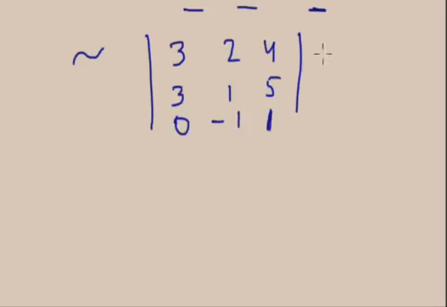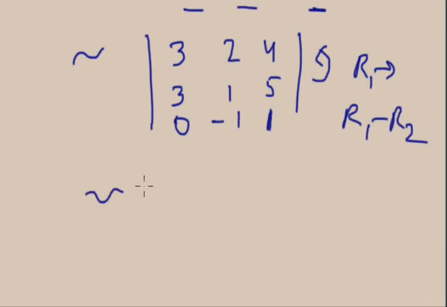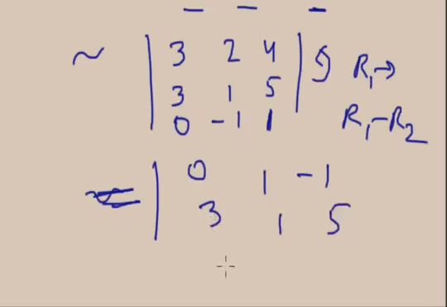Performing R1 minus R2, this is equal to [0 1 0; 1 1 -1; ...]. Okay, Control Z. This is equal to [0 1 0; 1 -1; 3 1 5; 0 -1 1].